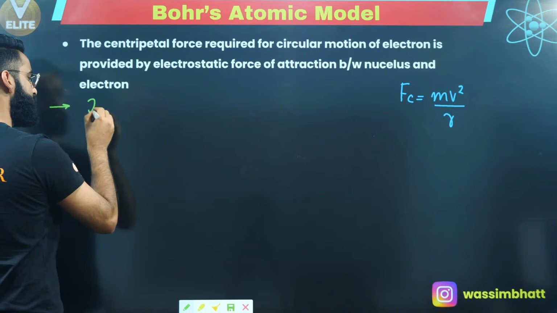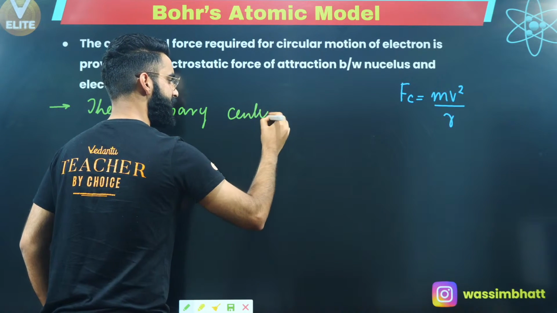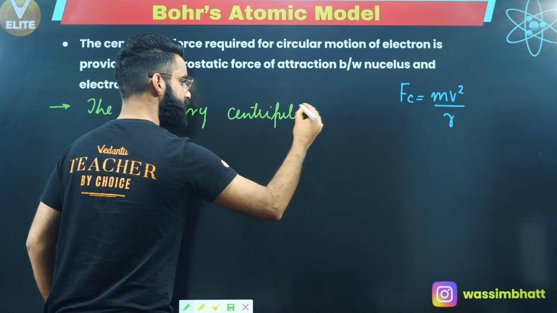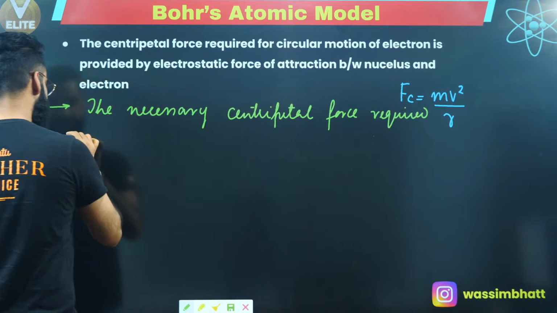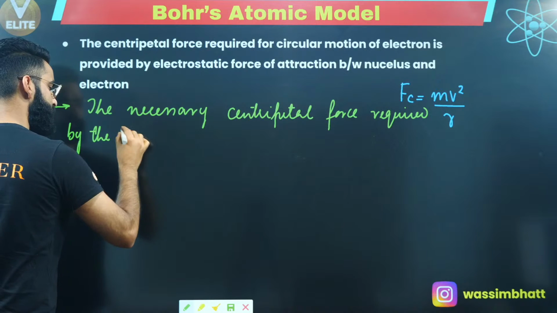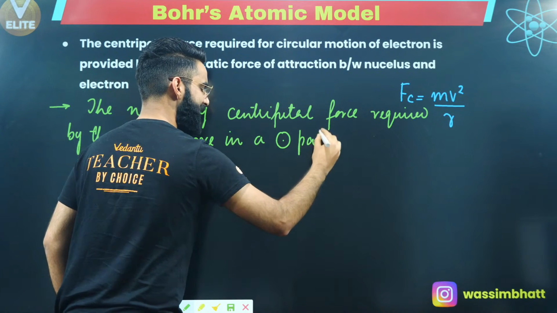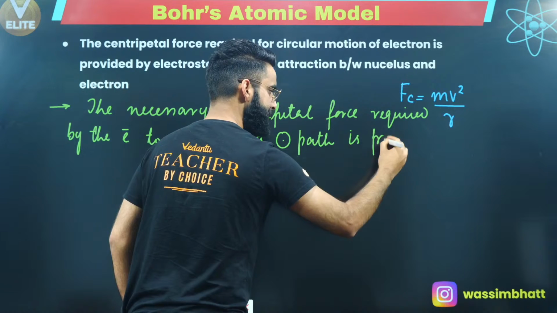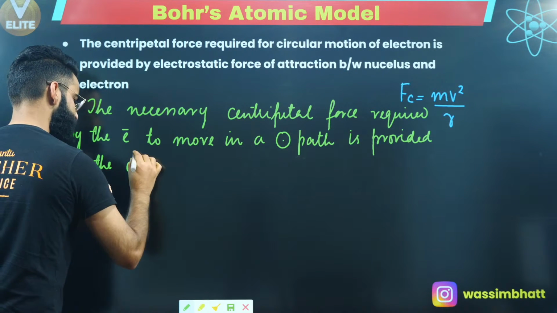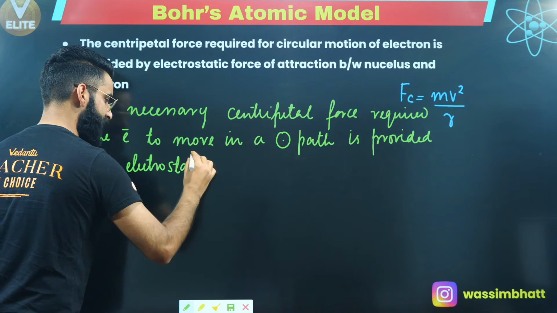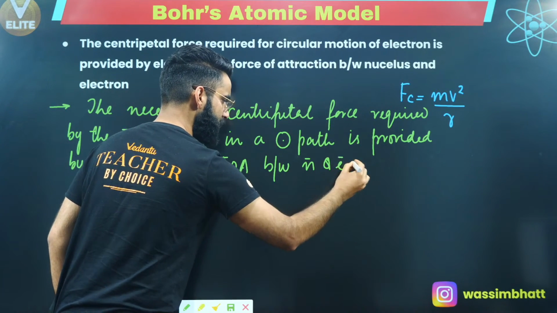I'm writing: the necessary centripetal force required by the electron to move in a circular path is provided by the electrostatic force of attraction between the nucleus and the electron, right?